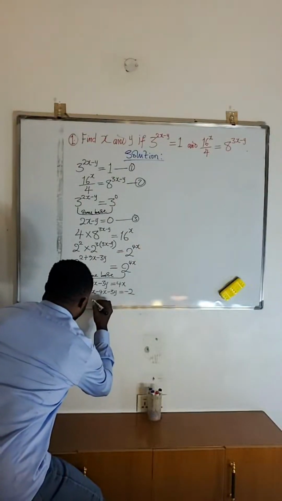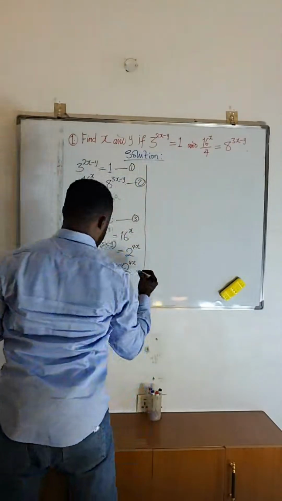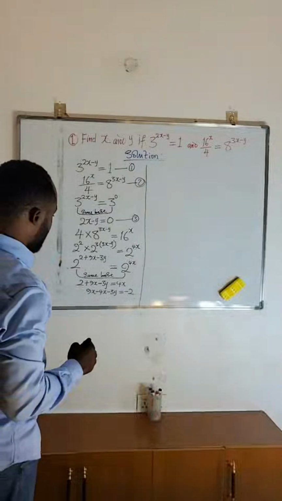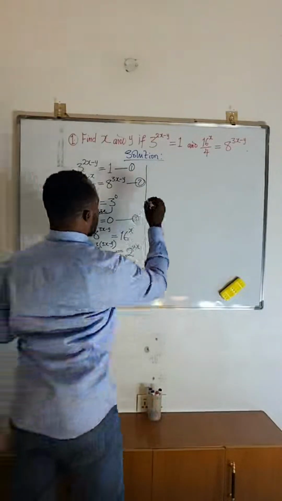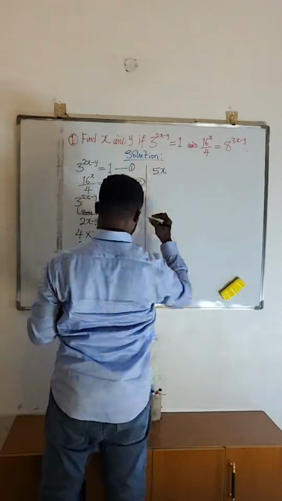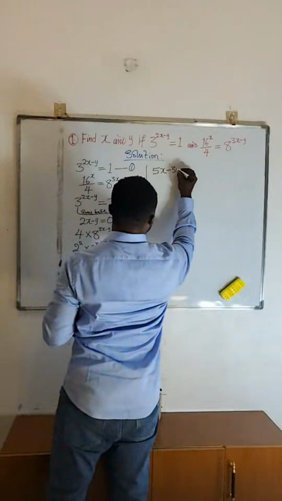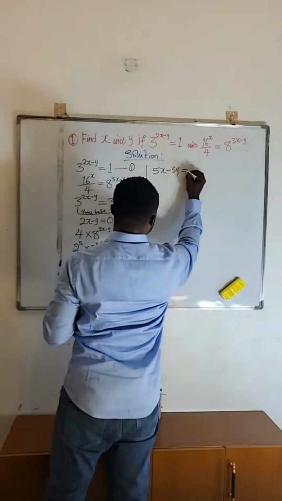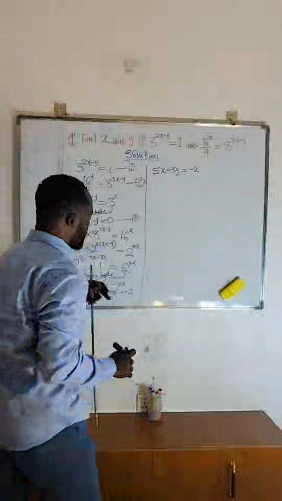Here, 9x minus 4x is going to give us 5x minus 3y equals minus 2.